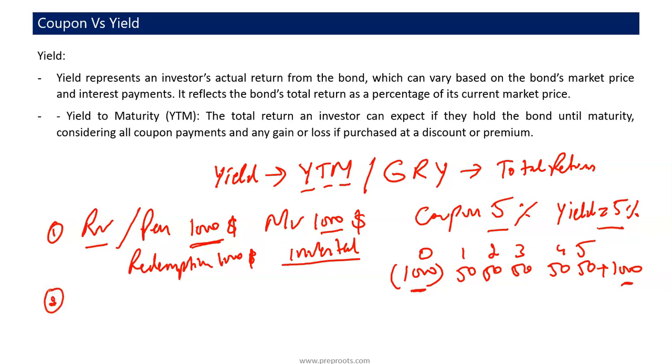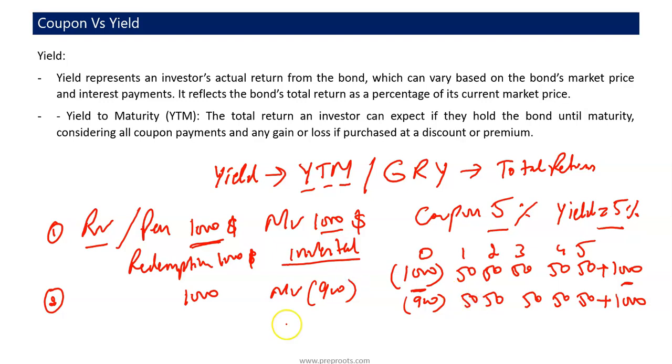Number 2 case. When market value is, for example, 900. You have invested 900, but you will get back 1,000. You have invested 900. Every year you will get 50. And in the last year you will get 1,000.